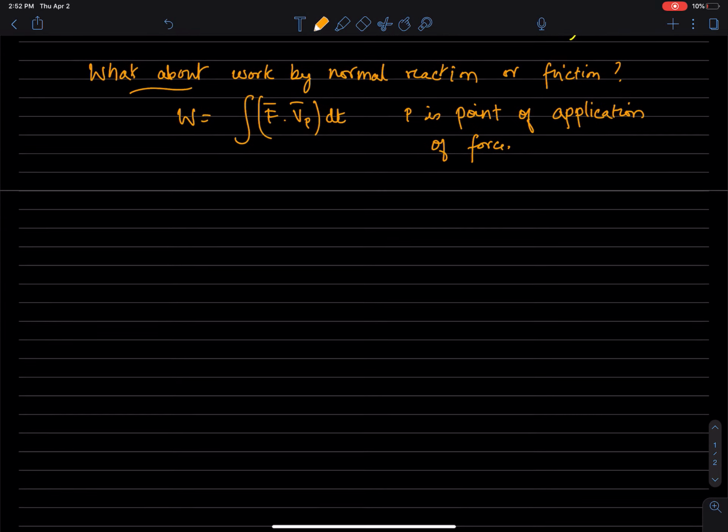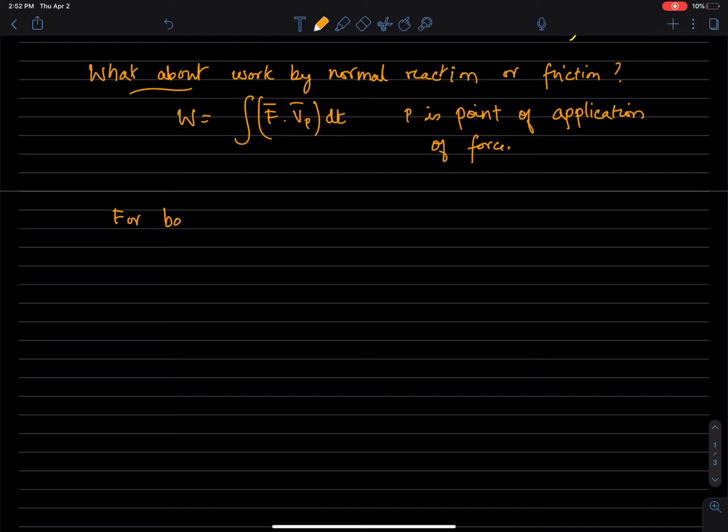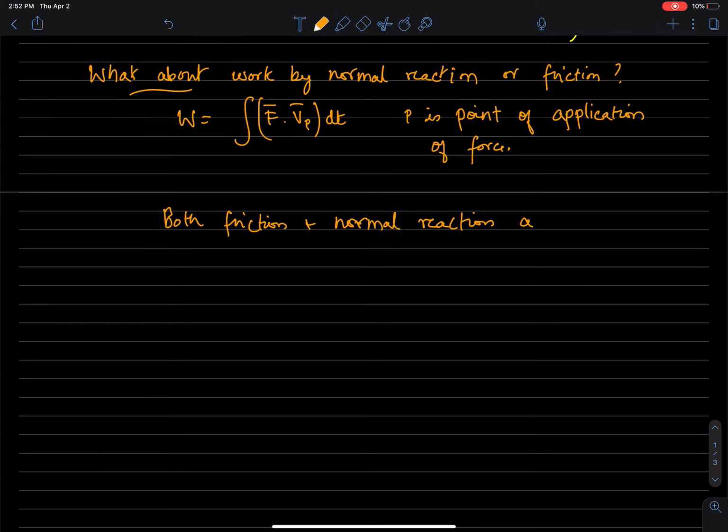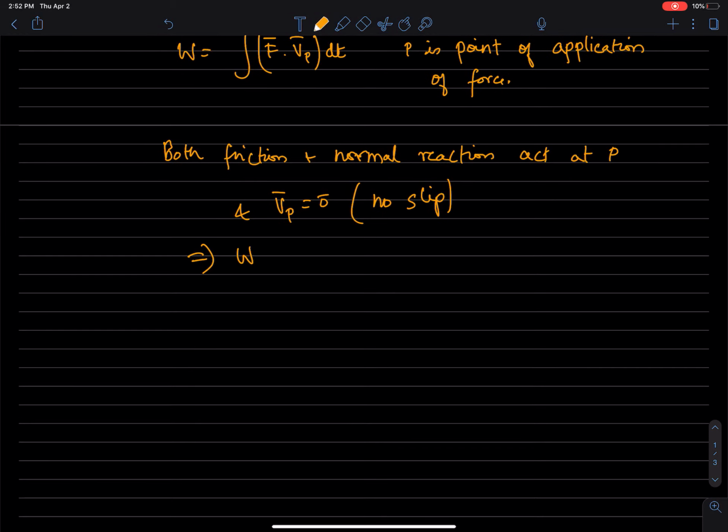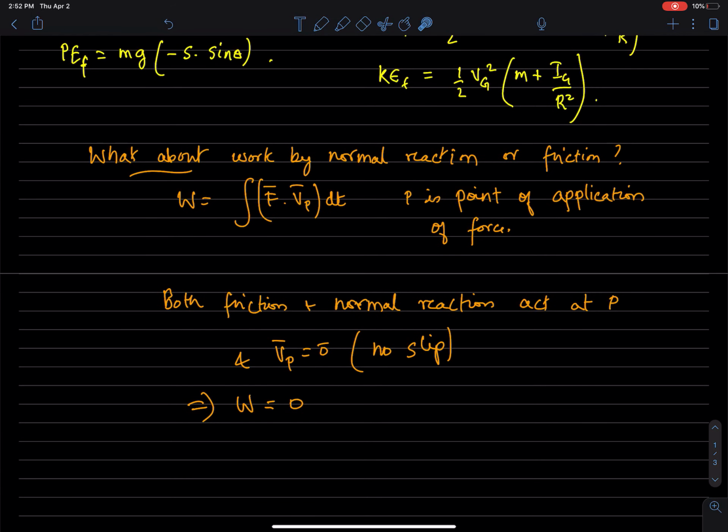But for friction and normal reaction, let me just say both friction and normal reaction act at point P, and vP of course equals 0, which is what we mean by no slip. This implies work equals 0, both due to friction and due to normal reaction. So okay, that's it.